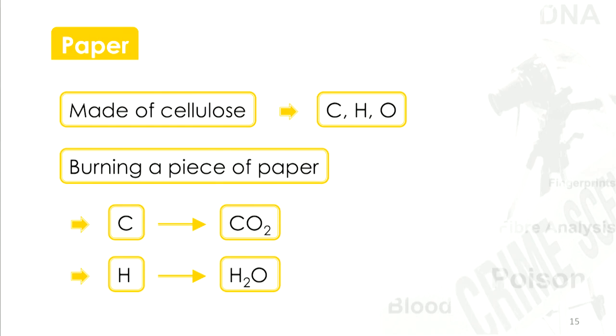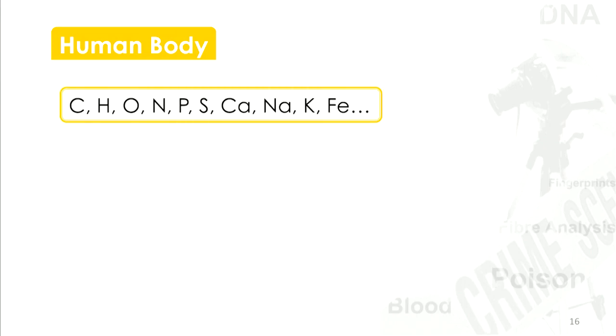If we consider a more complex object, such as a human body, we are made up of many elements: carbon, hydrogen, oxygen, lesser quantities of nitrogen, phosphorus, sulfur, calcium, sodium, potassium, iron, and so on and so on. If you burn a human body, the elements are not destroyed.